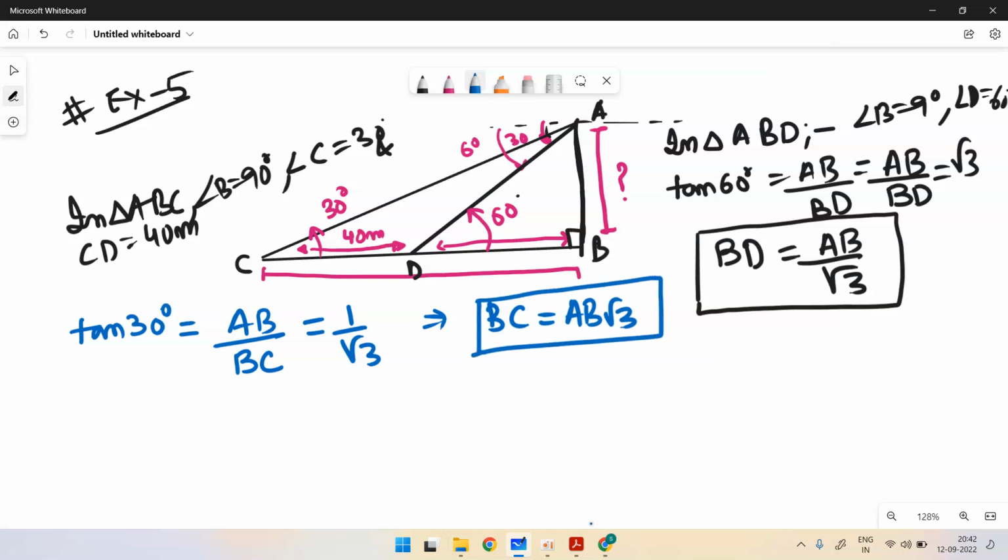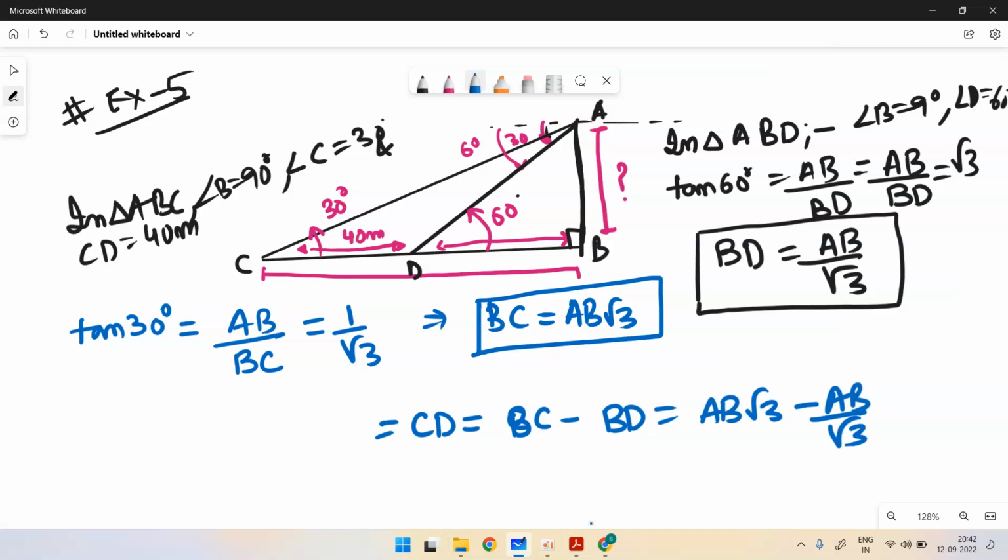Now what is CD? CD is nothing but BC minus BD. Now BC you have calculated as AB root 3, minus AB by root 3. Now if you substitute the value of CD as 40 meters, this implies that 40 equals AB times root 3 minus 1 by root 3.